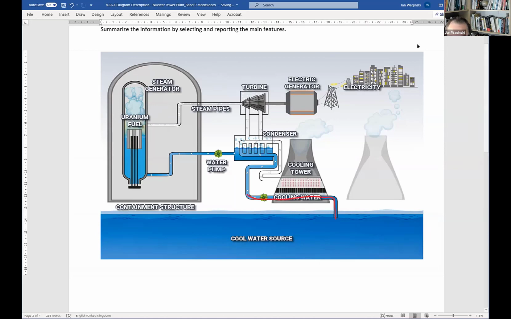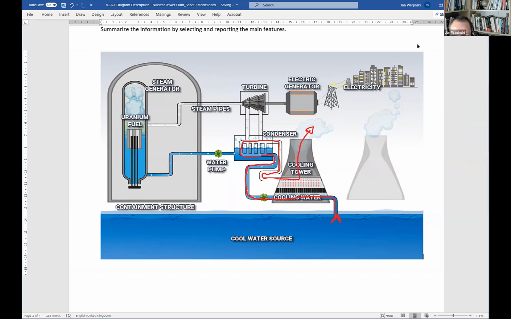This water goes in here and it stays in this system. And then the steam just goes out. And then constantly new water comes in from the fresh water source, from the cool water source.